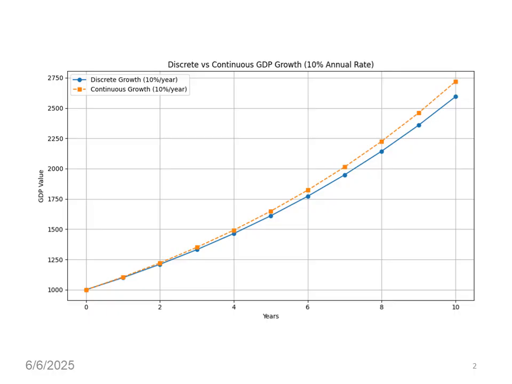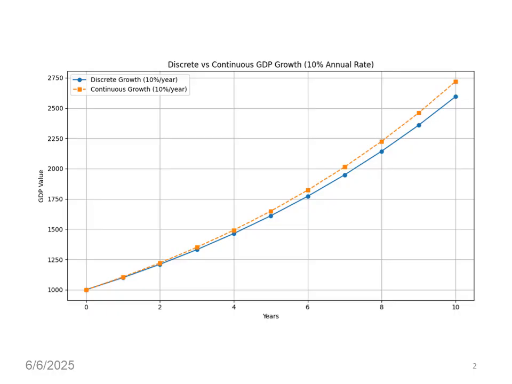Today, we will see how we can calculate GDP growth. We can calculate GDP growth in two ways, that is discrete versus continuous GDP growth rate.